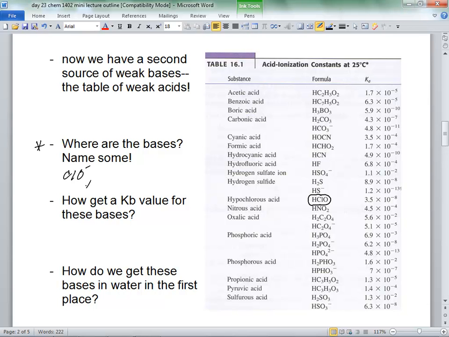If we put ClO negative in water, Caroline, would that solution be acidic, basic, or neutral? If you put ClO negative in water, the pH would be basic. Why? Because ClO minus is a base, right? It's a conjugate base, but it's a base.